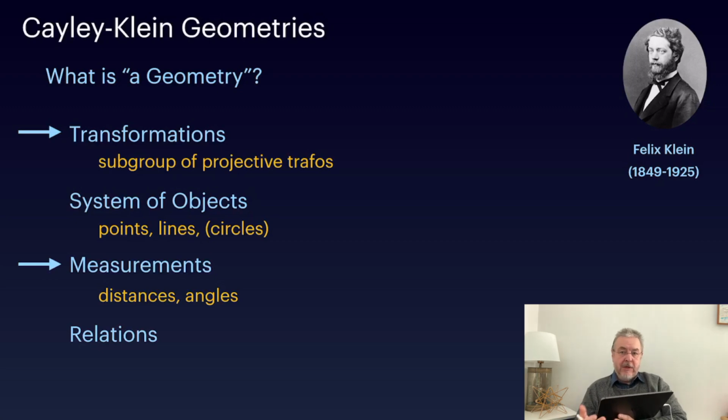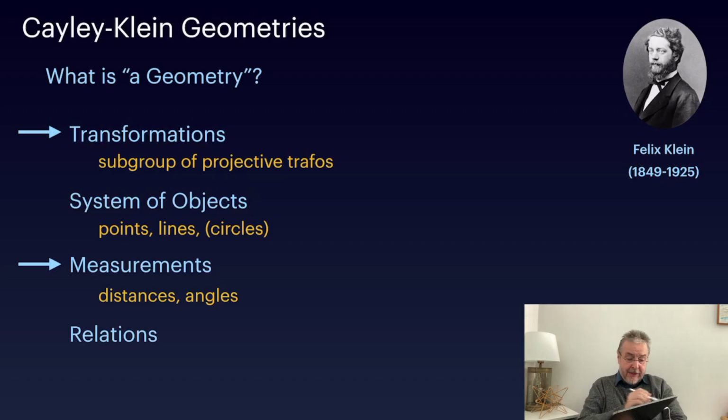At that time it wasn't well known because people had grown accustomed to the idea that projective geometry has nothing to do with measurements. And as a matter of fact, as we will see in a minute, the opposite is the case. You can use projective geometry to build really very far-reaching systems of measurements.